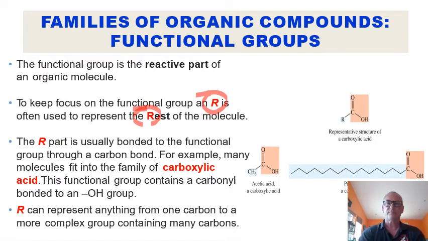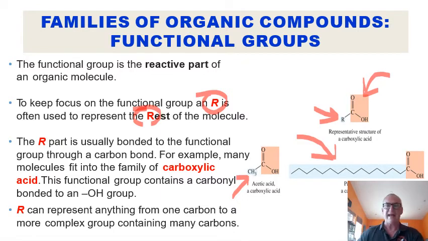So basically, if we have a carboxylic acid group here, we just put R there, and R can be anything, basically. Anything that doesn't have a carboxylic acid group on it. So it can just be a simple methyl group, and that would be acetic acid, or it can be a very long fatty acid chain, and that would be palmitic acid, because it's really, really long fatty acid.